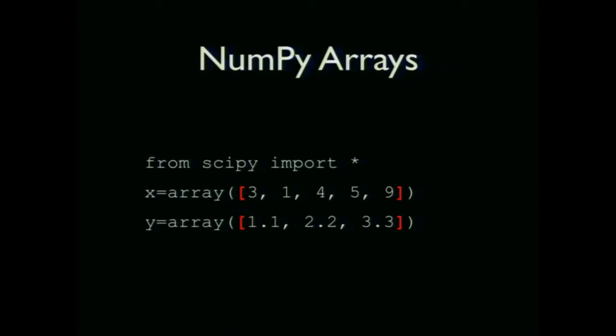The basic data type that is used in NumPy is called array. You can pass in literal arrays, inline like I have here, with integers and floating points. If we pass that into the constructor, x and y will both be the array data type. Of course, they don't have to be literals. You can pre-assign them like I'm doing on this slide as well.